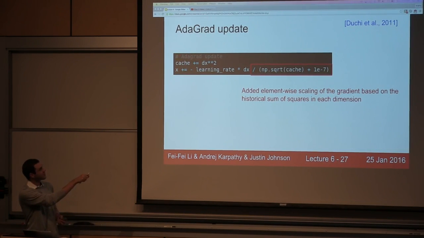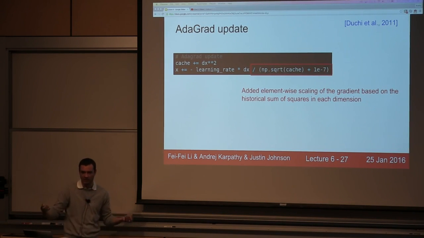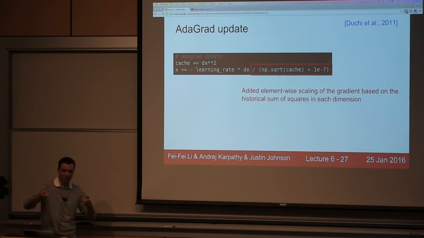And then we divide this step element-wise by the square root of cache. That's the reason people call it a per parameter adaptive learning rate method, because every single dimension of your parameter space now has its own learning rate that is scaled dynamically based on the scale of the gradients you're seeing.